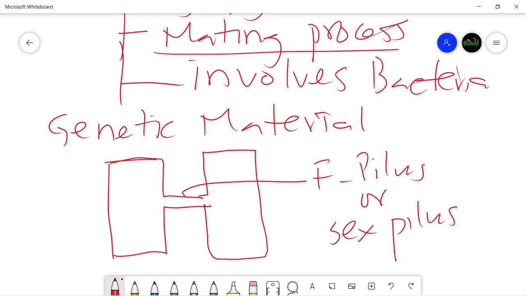So this is the tube. It is a conduit, a passage, a channel which makes possible the transfer of DNA from one bacterium to another. The question is, where does this tube come from? How is it formed and how does it connect the two bacteria?